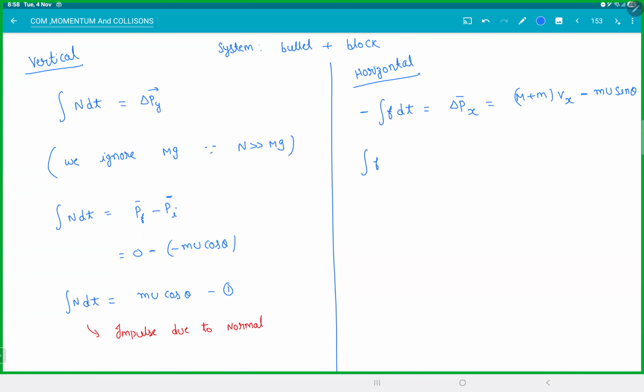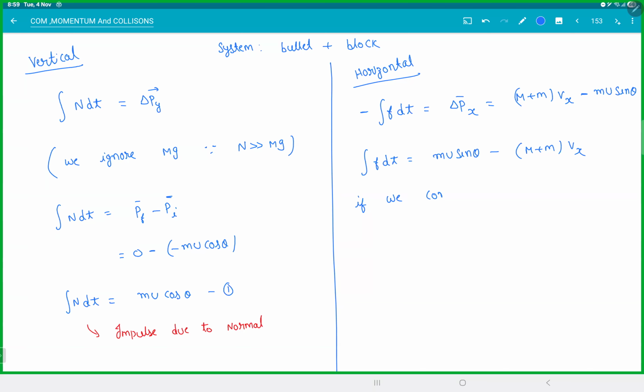So integral f dt is equal to mu sine theta minus (m plus M) vx. Now, when the block hits the ground, it will start sliding, so the friction will be maximum, because the moment the block and the system get some velocity, it will start sliding.